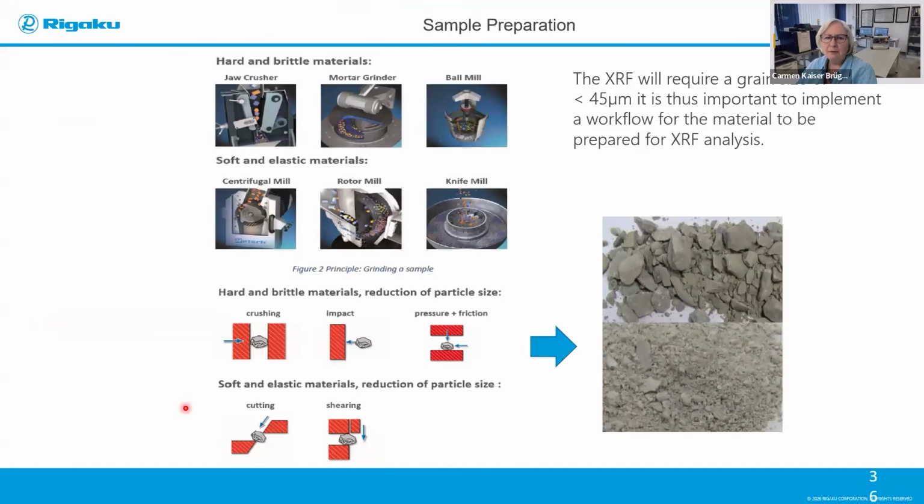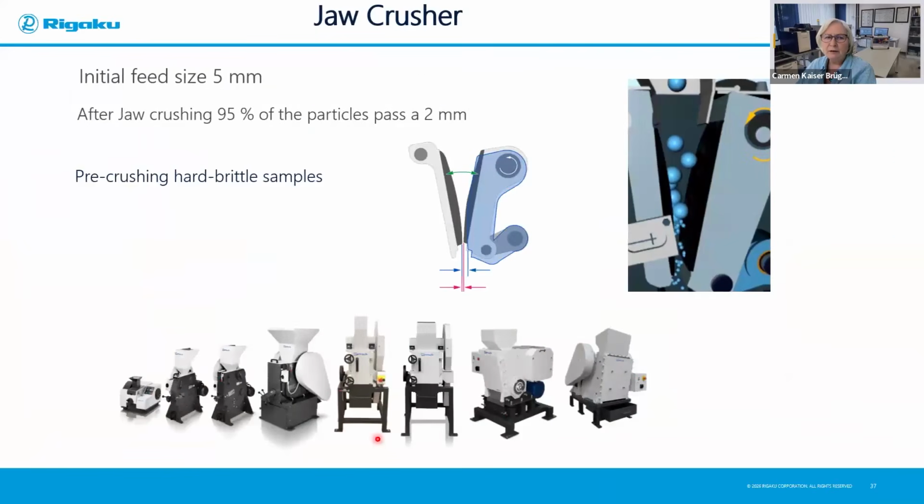Here we have an example of how we need to reduce particle size with what we call a jaw crushing procedure. So we get hard and brittle materials, or we even get soft and elastic materials. So depending on the type of rock, we need to choose the correct reduction procedure. So here you can see the action of a jaw crusher. You can see the particles falling through and the movement of the jaws.